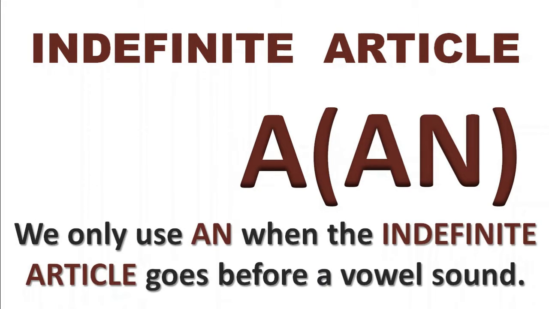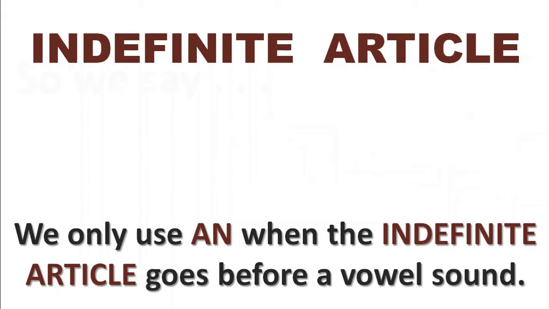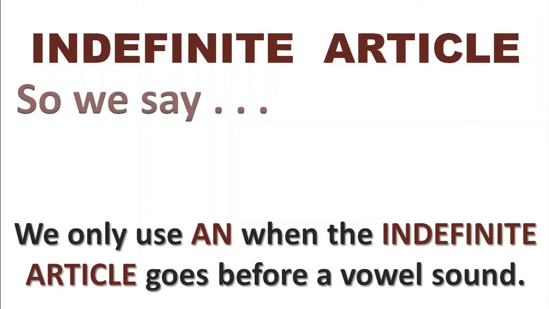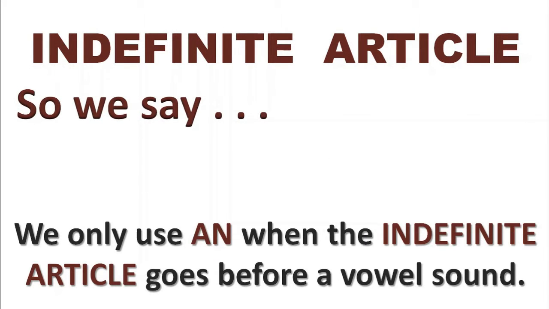So, we only use an when the indefinite article goes before a vowel sound. Let me explain that. So we say a dog. The word dog begins with d, which is a consonant sound. So we use the indefinite article, a dog.